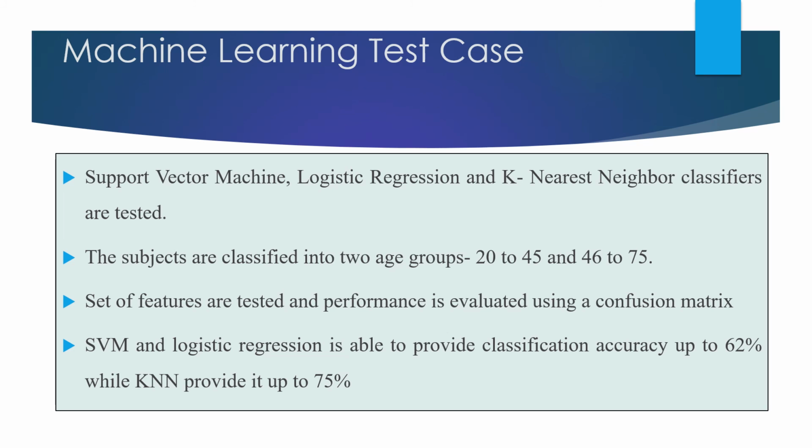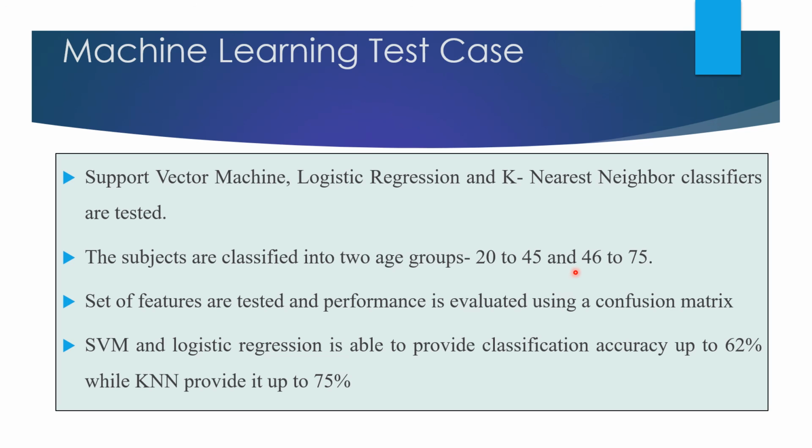With the obtained correlation, a test case was executed to classify the provided data set into two age groups, 20 to 45 and 46 to 75, considering that mostly from 45 plus the aging effect starts influencing each activity. The performance of different machine learning classifiers was tested: support vector machine, logistic regression and KNN.